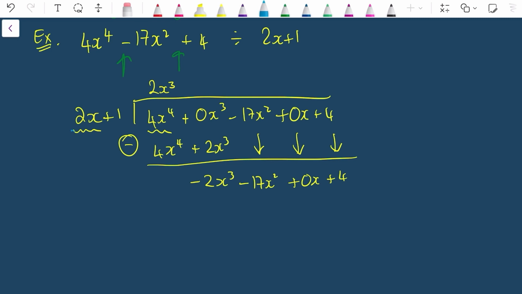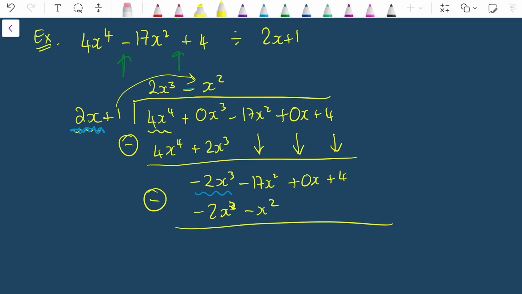Right, repeat the process. What must I multiply 2x by to get negative 2x cubed? So that's got to be negative x squared. So I then go and multiply. That gives me negative 2x cubed, and when I multiply 1 by that, I get negative x squared.